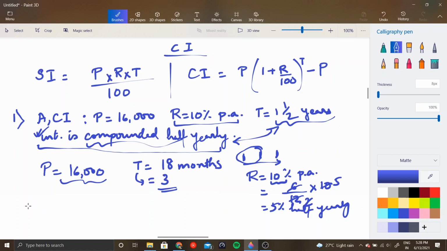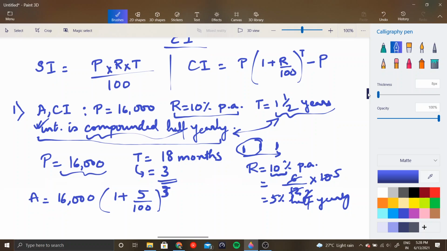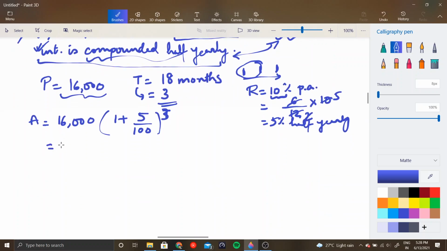So basically finding the amount is now reduced to this formula. Amount is principal times 1 plus R by 100 to the power of T. Here the T is 3, okay? Now solving this, you get 16,000 into 1.05 to the power 3, which results in 18,522, correct? Okay, so this is your amount.